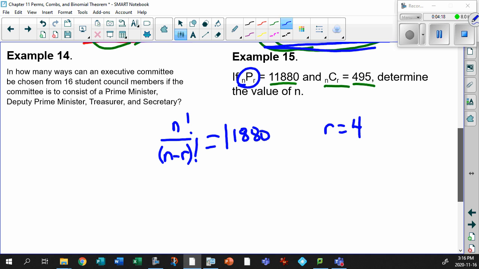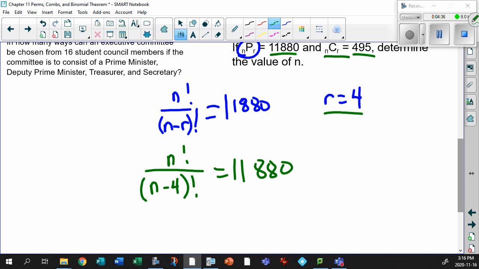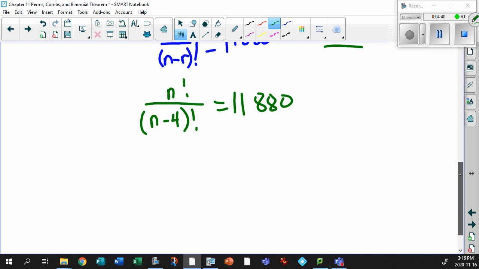You can back up the podcast if you like at this point and look. So what I'm going to do is start using this number, and I'm just going to find my n. Well, we've done questions like this 100 times already. n factorial over n minus 4 factorial gives you this ugly number, right? Wow, that's just going to be gross. Okay, so stick with it.